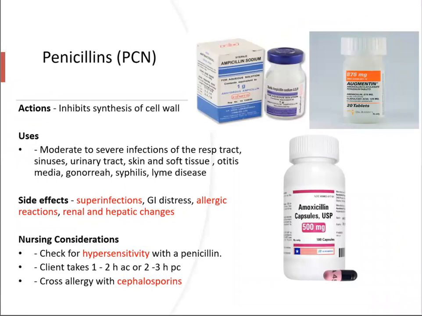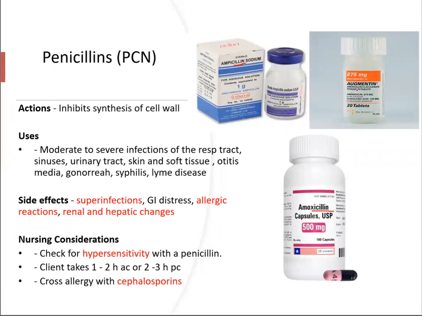With penicillins, what are examples of penicillins? You will notice that all of them end with cilin. So we have ampicillin, we have amoxicillin, and there's also Augmentin, which is a makeup of amoxicillin and clavulanic acid.